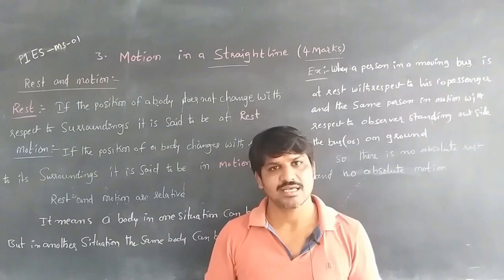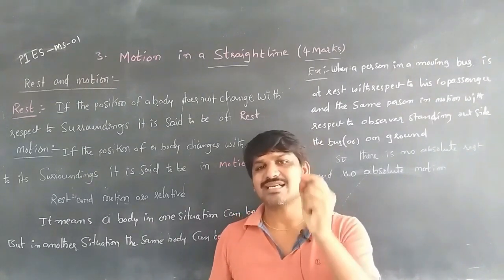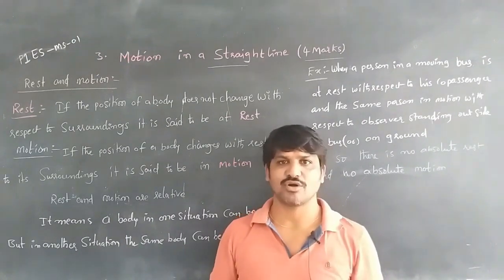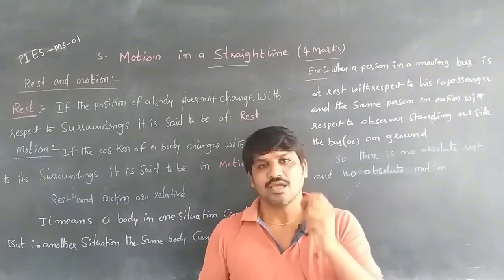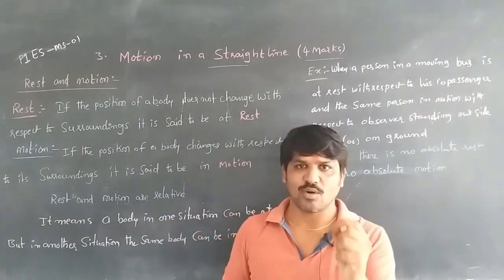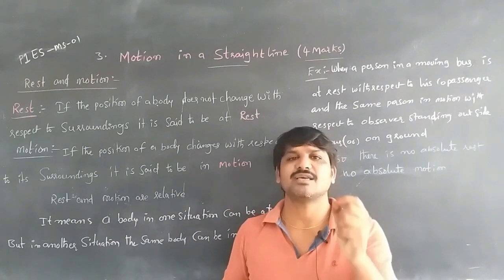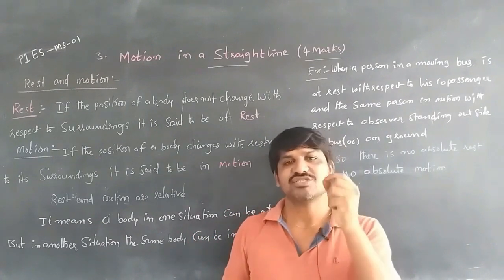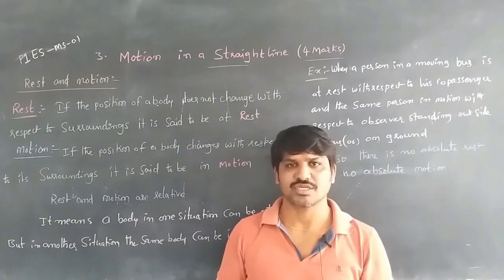Once again, rest means the position of a body does not change with respect to its surroundings. If the position of a body changes with respect to its surroundings, it is called motion.